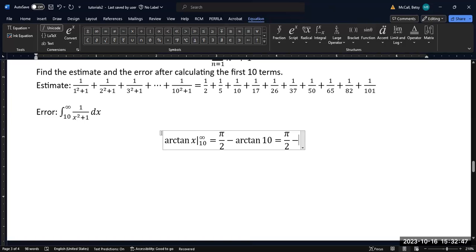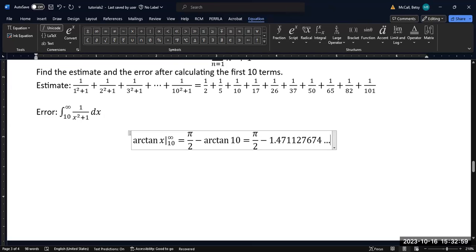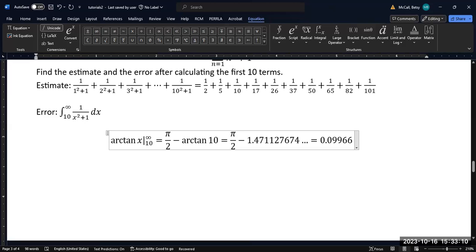Inverse tangent of 10, I end up with 1.4711276674. And if I subtract that from pi over 2, then I end up with 0.0996686, blah, blah, blah.